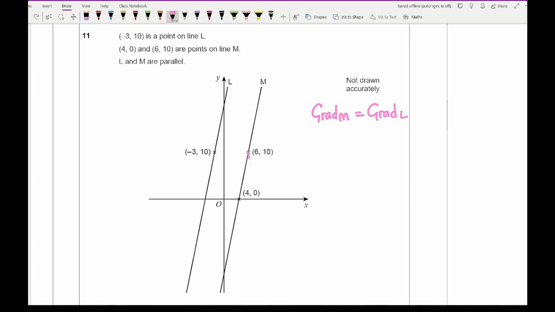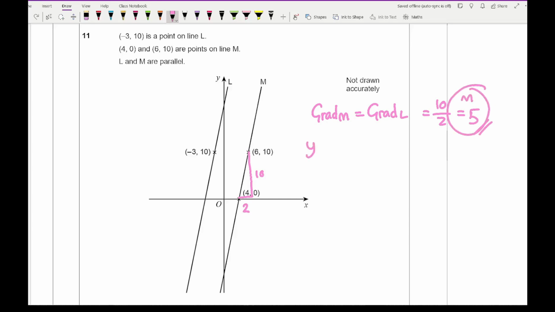So then if I draw my triangle and using the coordinates, I can see the base is going to be the difference between the x ordinates, which is 2, and the height of the triangle is the difference between the y ordinates, which is 10. So the gradient is going to be 10 over 2, which equals 5. So m equals 5.